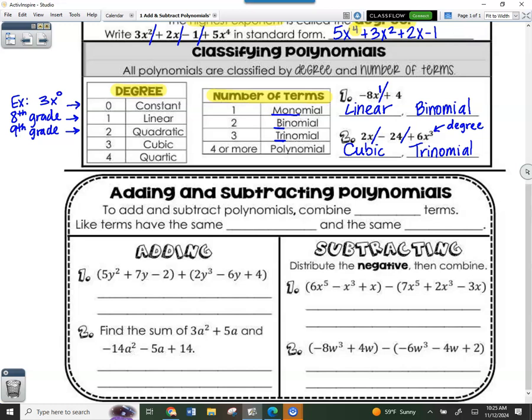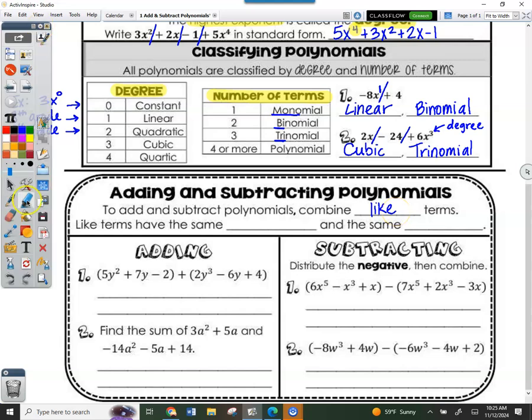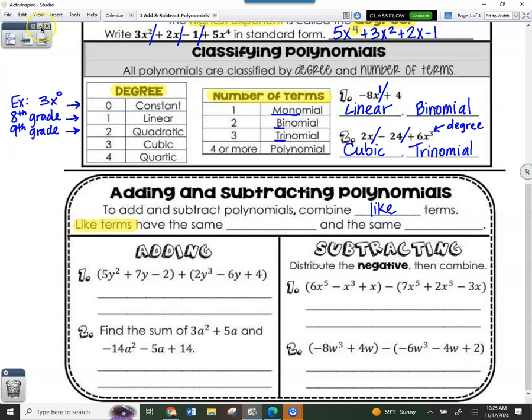To add and subtract polynomials, it is a lot like adding and subtracting radicals. They have to be like terms before you can add them. Okay? You combine like terms. What does it mean to have like terms? It means they have the same variables, could be more than one, and the same exponents.